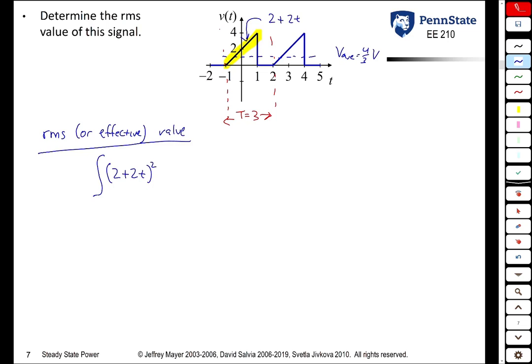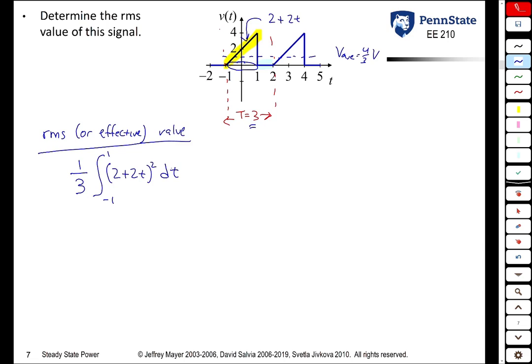When we integrate from -1 to 2, if you notice, between 1 and 2, this function is actually 0. So we're really only integrating it from -1 to 1. Then to get the average, we divide it by the period. So notice the period is still 3, even though we're only integrating it from -1 to 1, because technically we are integrating it from -1 to 2, it just so happens that the function is 0 between 1 and 2.